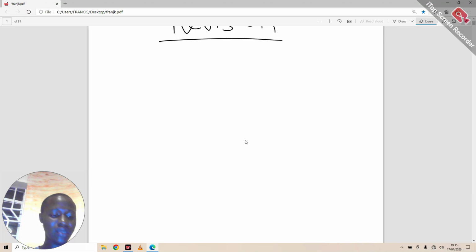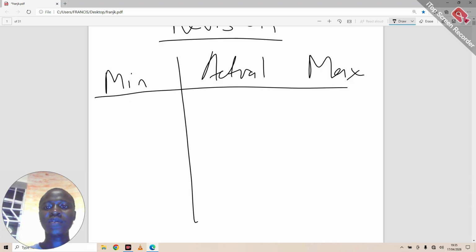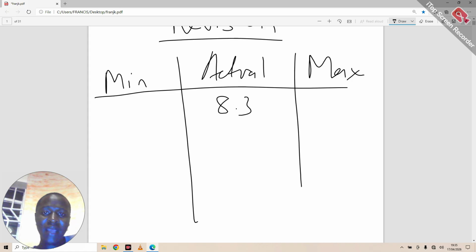Let us arrange our procedural work. We have the actual, the maximum, and the minimum. The questions are many, so allow me to go fast. We have 8.3 centimeter. Remember, that one is an individual number.